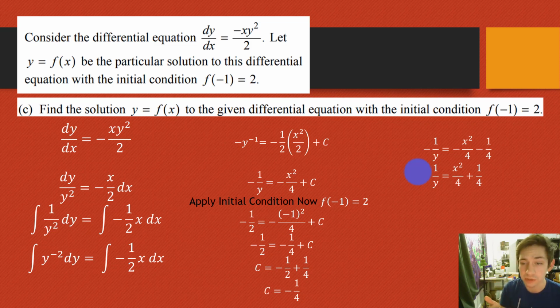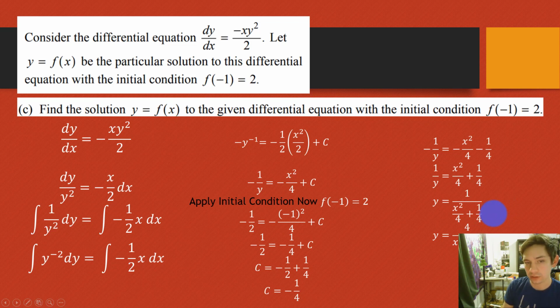We can't flip each side. If we flip 1 over y to make it y, we have to flip everything on the right side, but it's 1 over everything. So it's y equals 1 over all of this stuff. And if we do some fancy fraction stuff, we can get this as 4 over x squared plus 1.